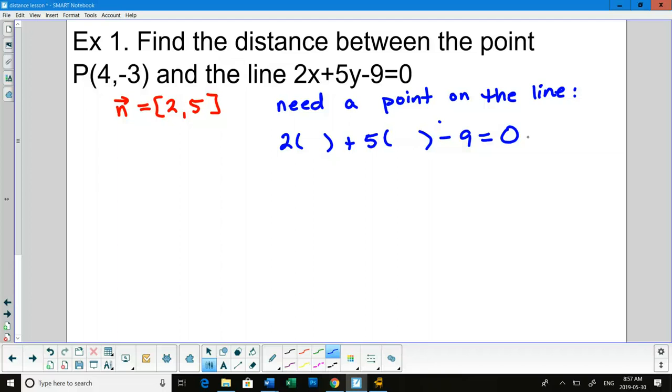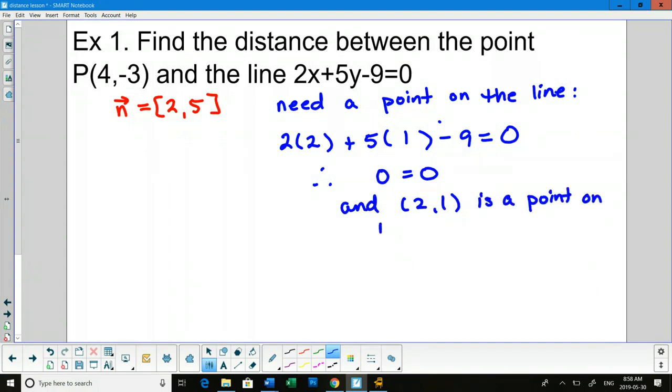Any ideas for how we can do this? 2 and 1? Does that work? Lovely. So 0 equals 0, and 2, 1 is a point on the line. Now that I have that, I can find my P1P2 vector.